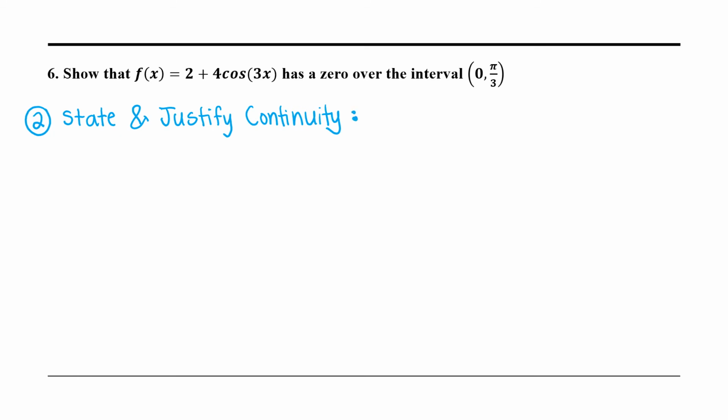So we're just trying to say that this function is continuous and give a brief explanation of why it's continuous. So f of x equals 2 plus 4 cosine of 3x is continuous.